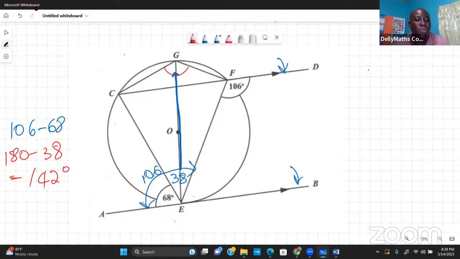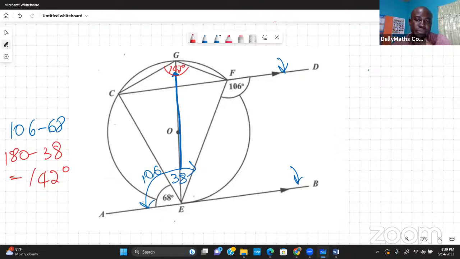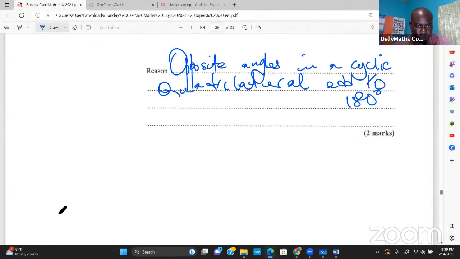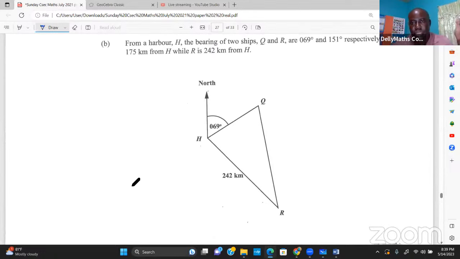Opposite angles in the cyclic quad add to give 180 degrees, so this is 142. From that other reason that I came up with to get the 38, there are various ways to get it. Circle theorem is done. See that? It's not bad.